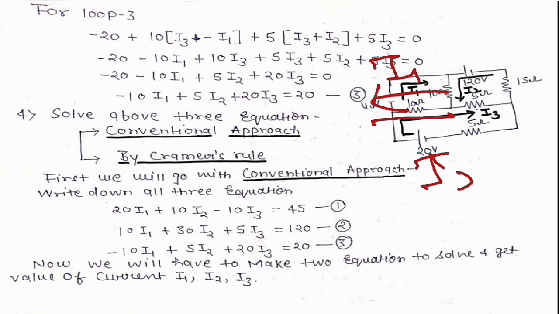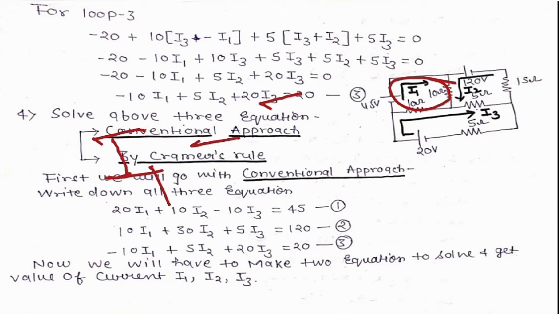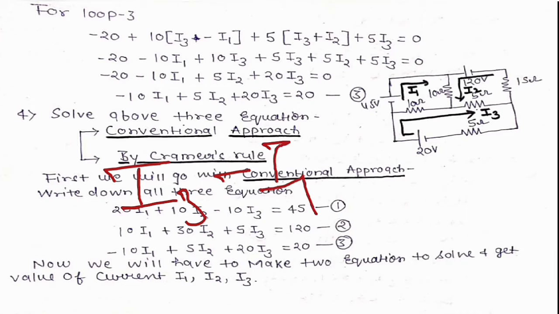In the previous case, for loop number 1, we wrote I1 minus I3. But in this case we write the equation as I3 minus I1, because we are making the KVL equation in loop number 3.